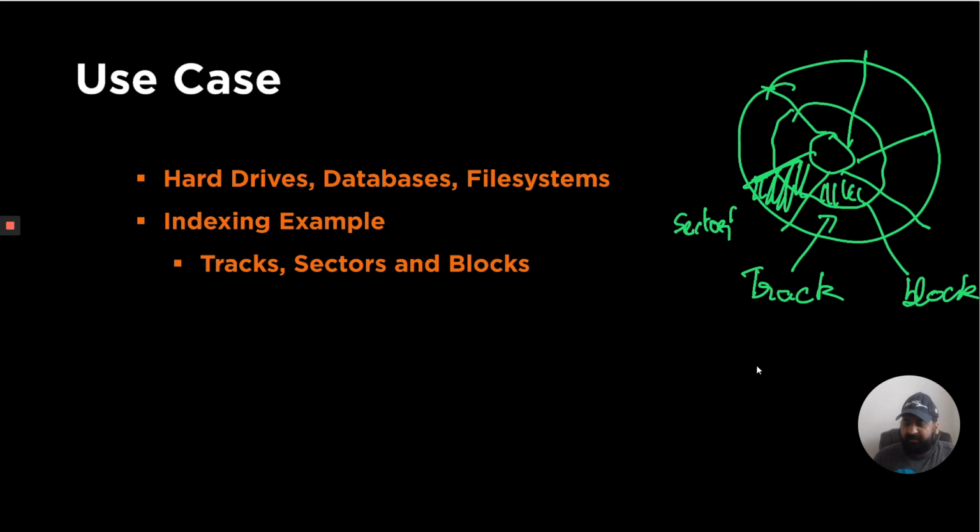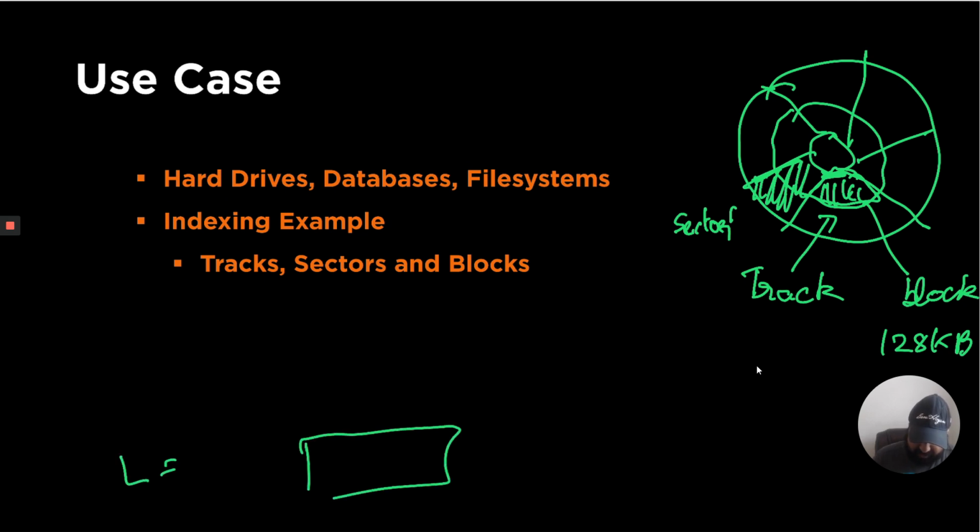And usually, whenever we are implementing a B plus tree, this one block size defines the number of keys. Let's say the block size was 128 kilobytes or something like that, the L is going to be based on that, because we are going to define all the leaf nodes such that the leaf node's size is equal to the size of one particular block.